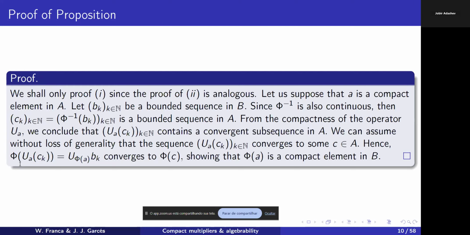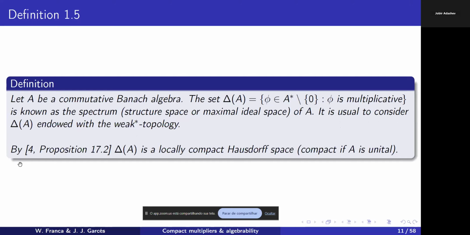Now let's introduce a little bit more of definitions. So if you have a commutative Banach algebra, we are going to call the spectrum, or structure space, or maximal ideal space, you can find all this nomenclature in the literature, the set formed by all continuous linear functionals.